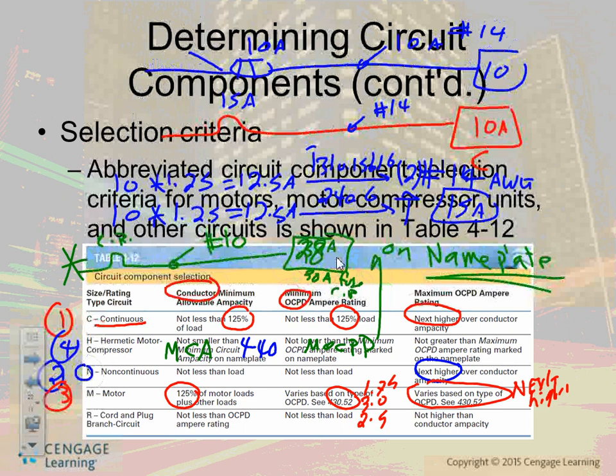208, 230, yes, that's a range of voltage. Remember, 230 plus or minus 10%. Most of the equipment they use in the US, because we have multiple voltages, especially 208 to 240, very close to each other, they make one piece of equipment that can work from 208 all the way to 240.